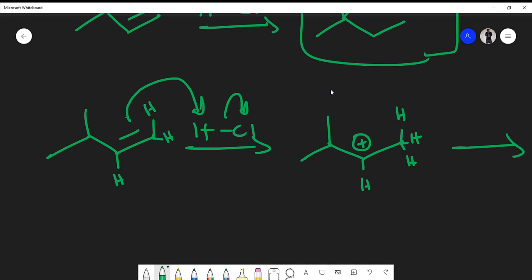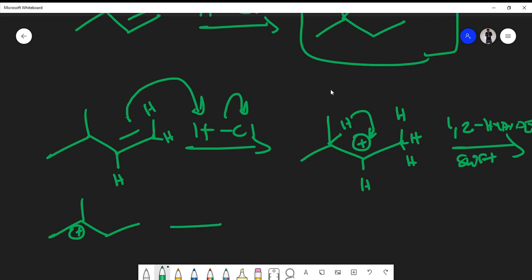But we actually can do a 1,2 hydride shift, where this hydrogen comes down and satisfies a positive charge, and we actually get the carbocation on now what we call a tertiary carbocation.